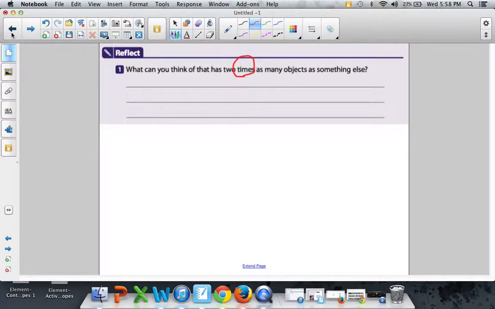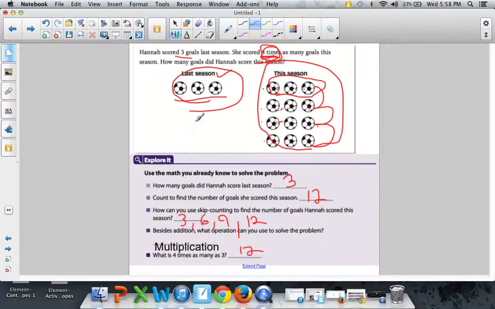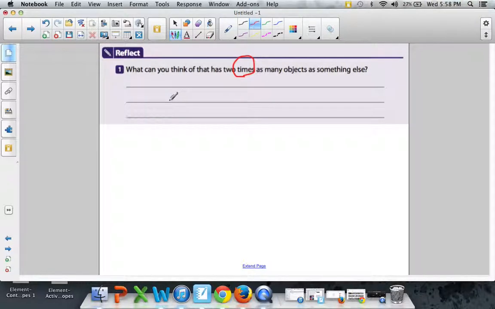And in the original problem, we had 3 getting bigger by 4 times. So what they're asking here is, what can you think of that has 2 times as many objects as something else? So what can you think of that has a times 2 situation, where you multiply by 2?